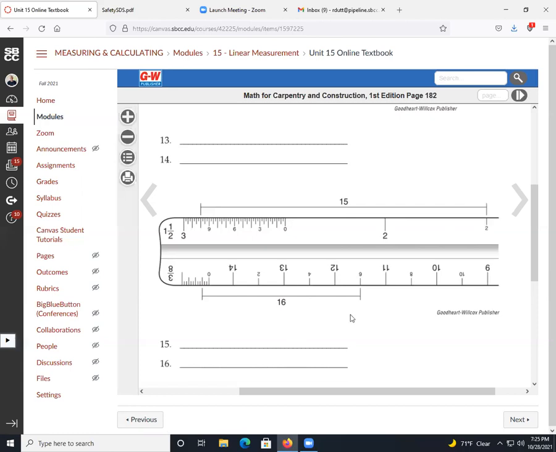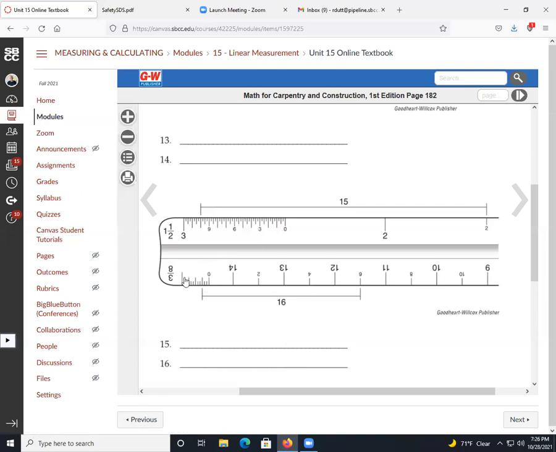Dylan, what is number 16? What's the answer to number 16? How many feet and inches in that 3/8 scale is that line measuring from that point to that point? 6 feet and... How many is that broken up in 3/8 scale?